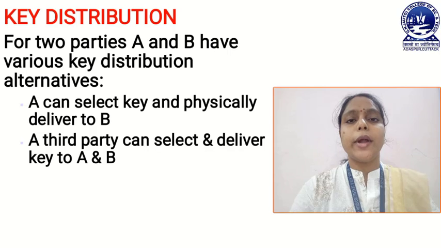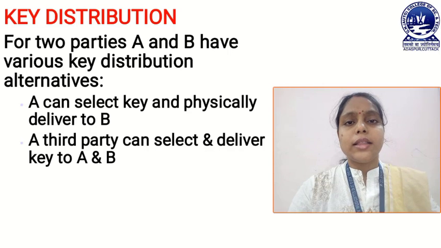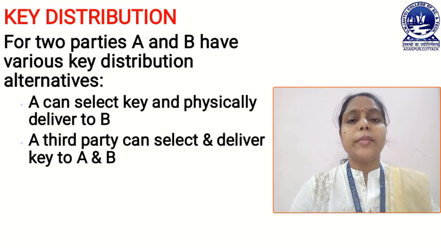Now look at the key distribution. Suppose there are two parties A and B. Here A is the sender and B is the receiver, and these two parties want to communicate by using symmetric encryption. That means A and B use the same secret key for encryption and decryption.